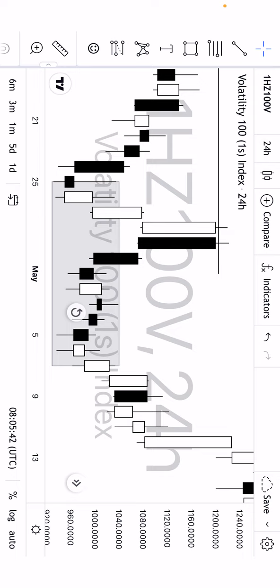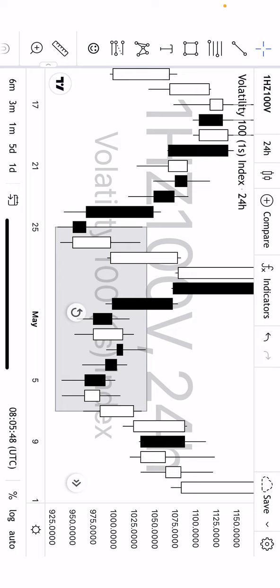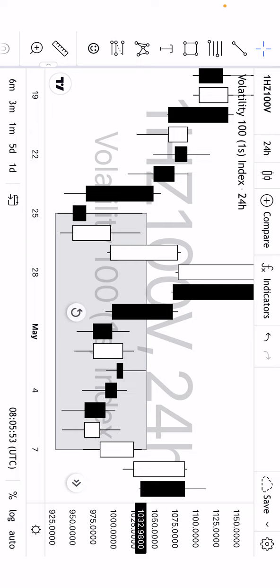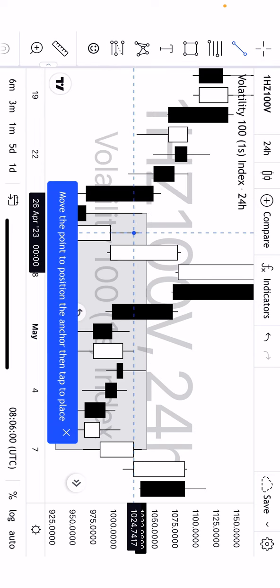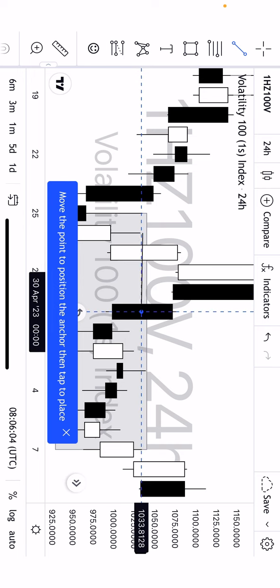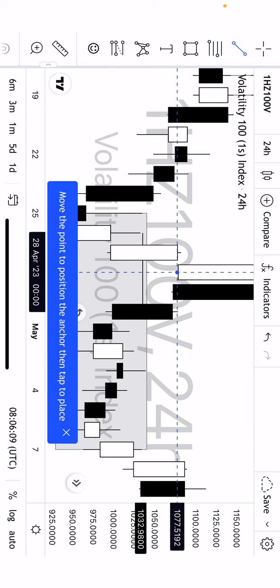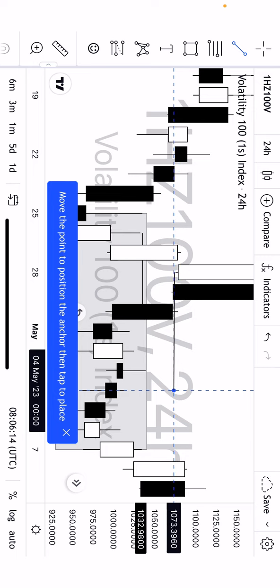Now, the characteristics of a point of interest. The first thing you should look out for is, do we have a fair value gap after that order block was created? Check this properly, guys. You can see we had this, and we have this.